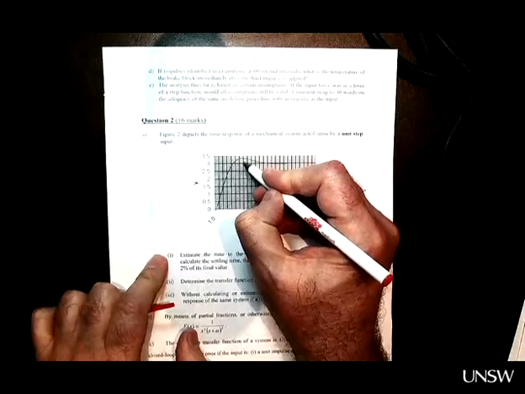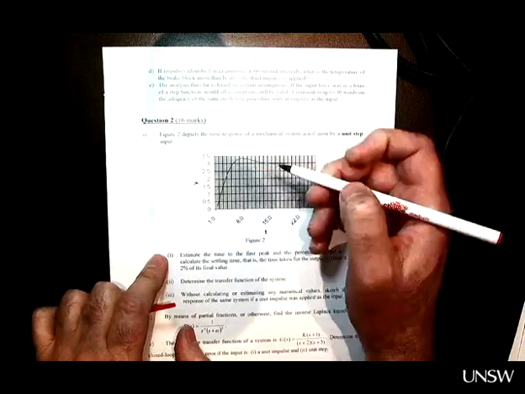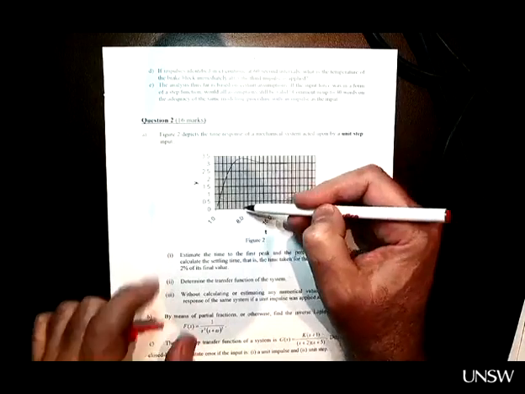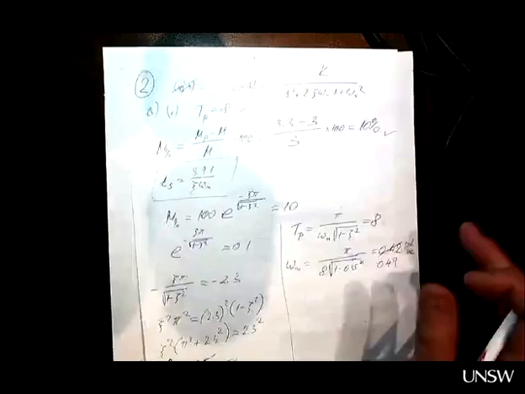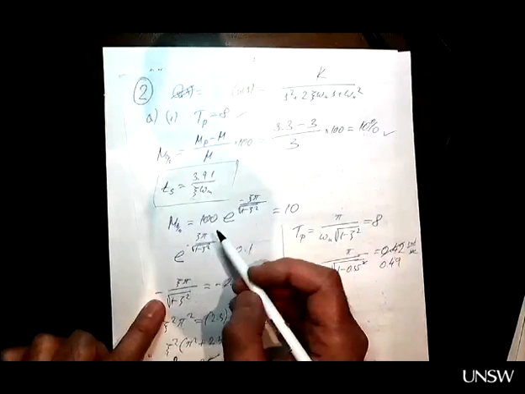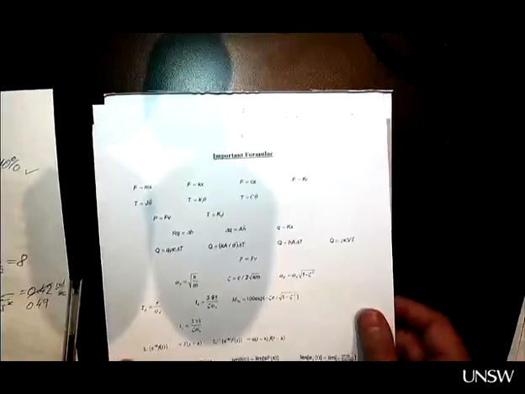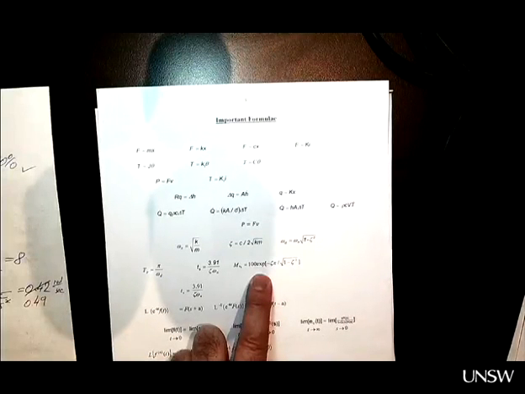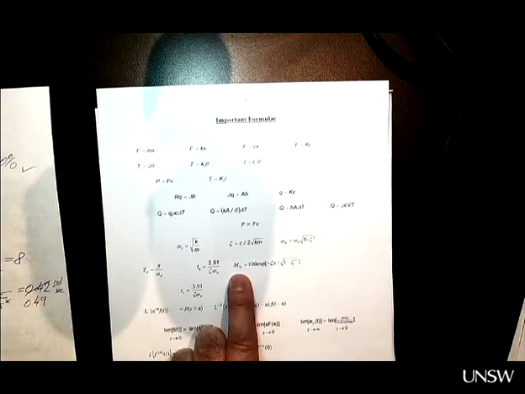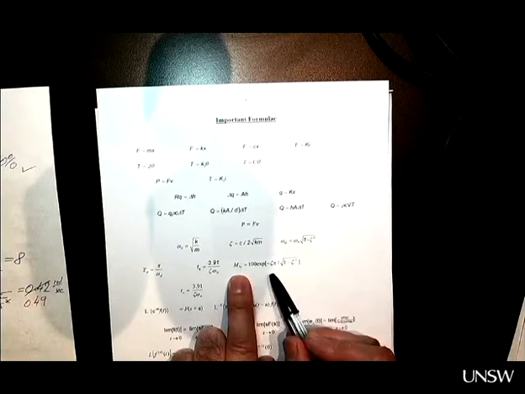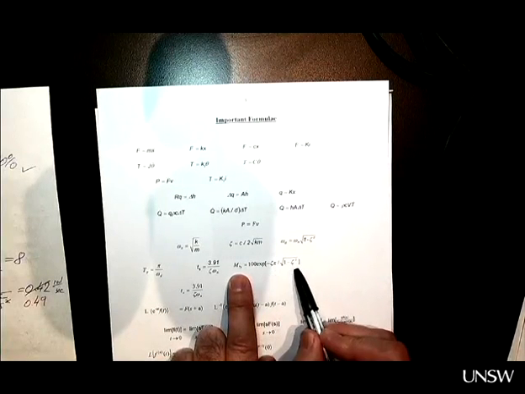We also estimated the time to the first peak. Based on the percentage overshoot, we used the equation provided. The formula for the percentage overshoot is here. We use this equation, knowing the percentage overshoot to be 10, to find the damping ratio, because there are no other unknowns here.